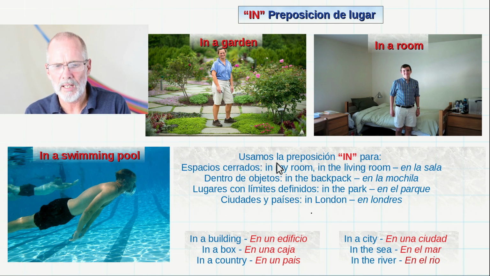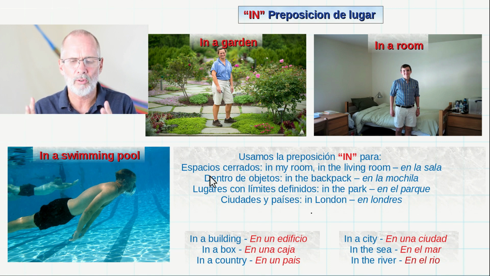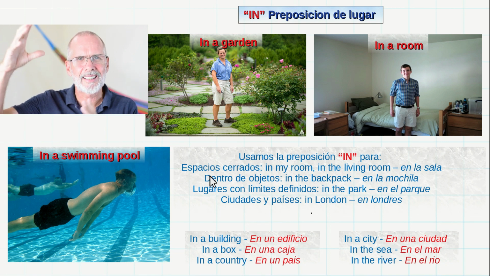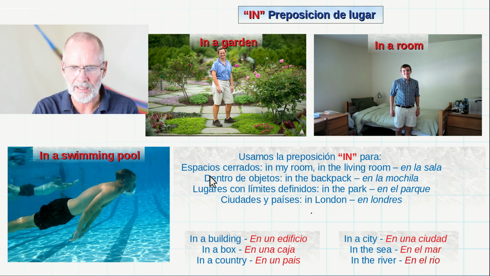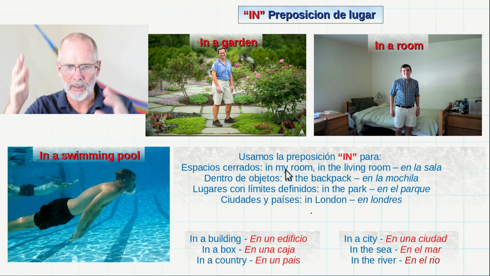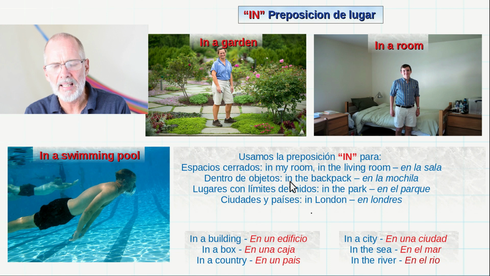Por ejemplo, in my room, in the living room, que es en la sala. Otra regla: adentro de objetos, adentro de espacios de tres dimensiones. En ese sentido, room es de tres dimensiones. In the backpack, que es en la mochila.